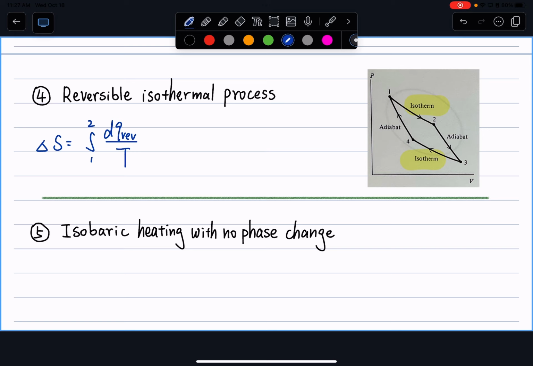But if it's not an ideal gas, what we can do is just take the temperature out of the integral because it's a constant-temperature isothermal process. That becomes 1 over T, and you integrate dq rev and it ends up being q rev over T.